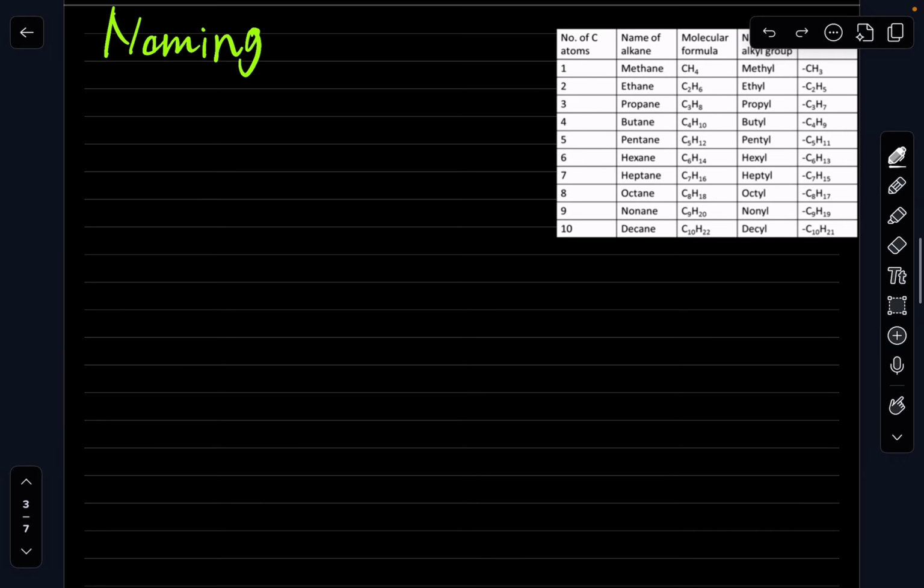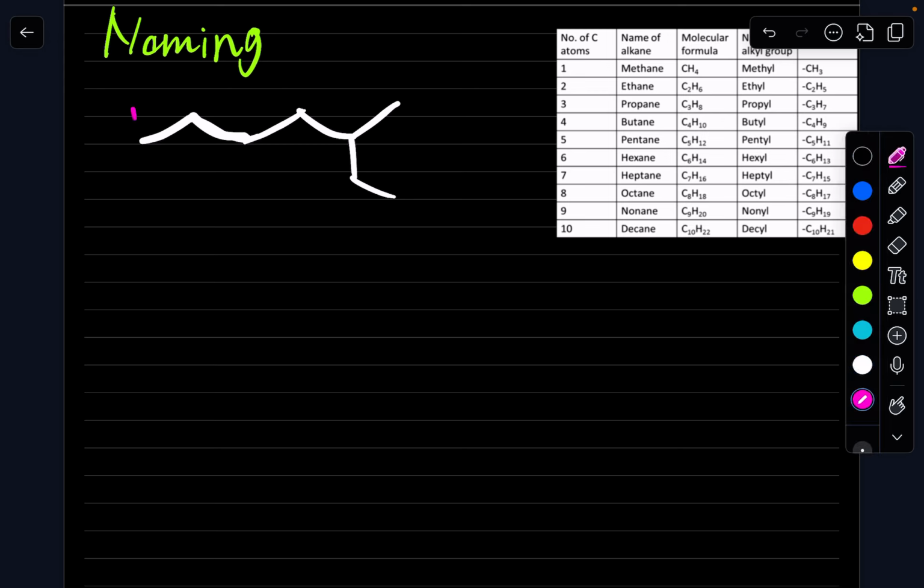Now, going into the naming of alkanes, alkenes, and alkynes, what you first want to name is the main chain. So let's take something like this, for example. The main chain is basically the longest possible chain of carbons. So that would be 1, 2, 3, 4. Wait, so hold on. That would be this chain, because it's longer than just going here.